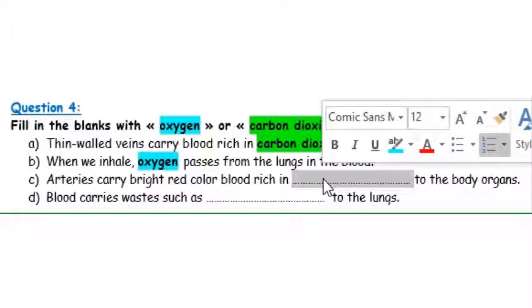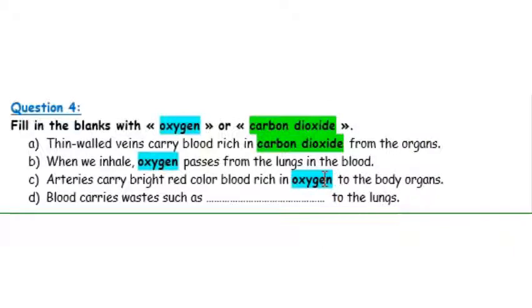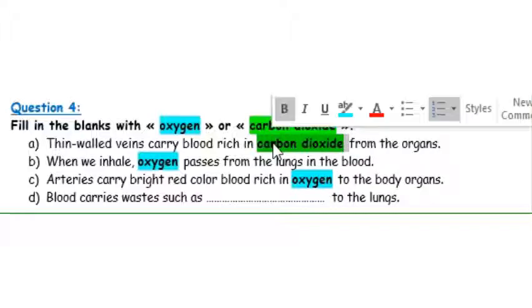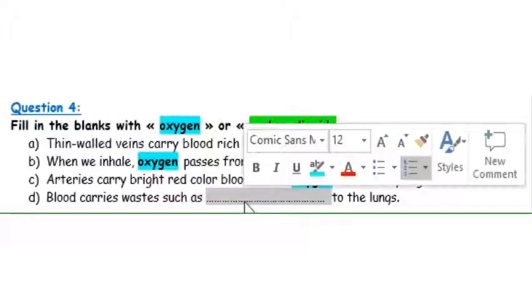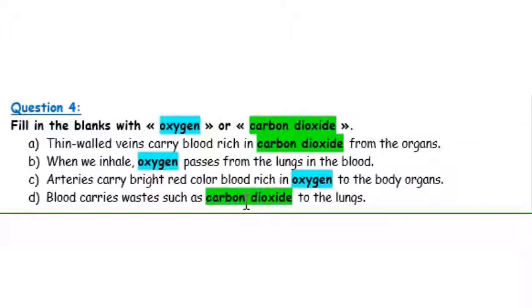This blood is rich in oxygen for sure, since arteries contain bright red color blood, and they take oxygen to the body organs. Blood carries wastes, such as carbon dioxide, a waste product that we need to throw outside of our body.